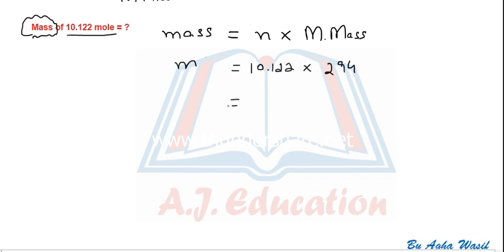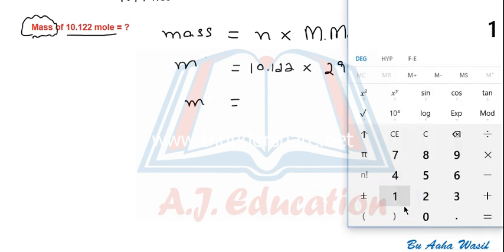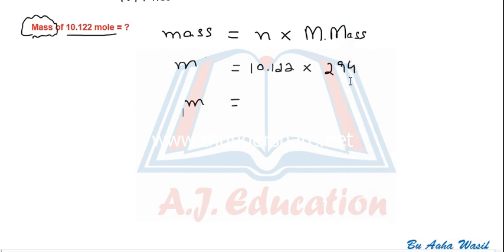So just multiplying this value, 10.122 multiplied by 294 comes out to be 2975.868.